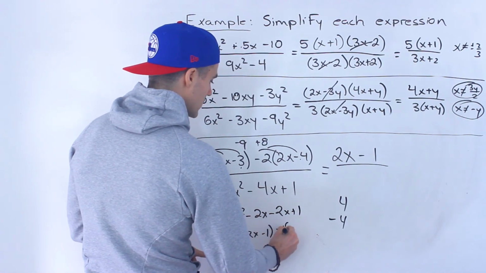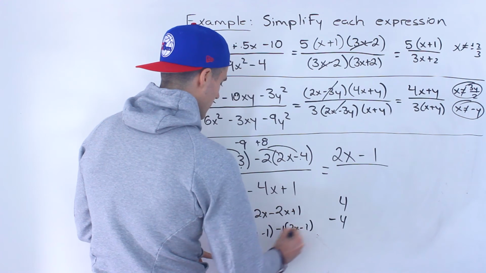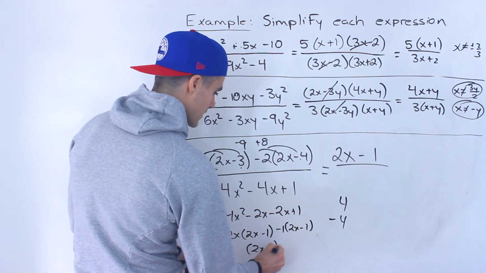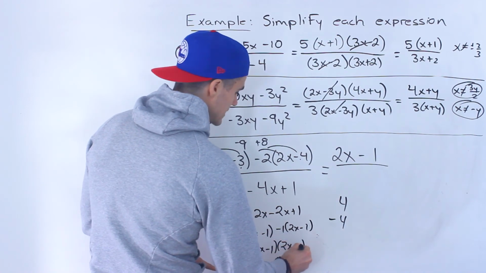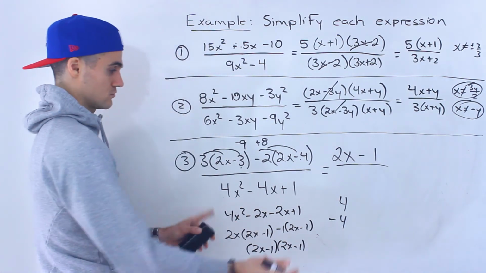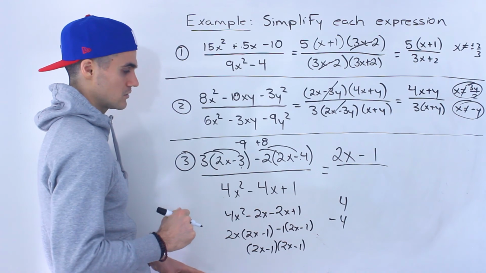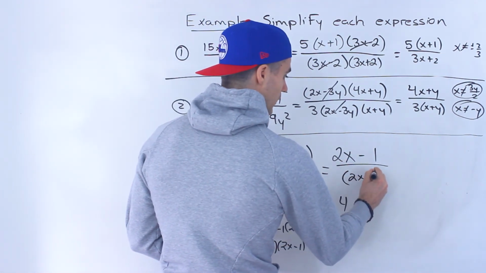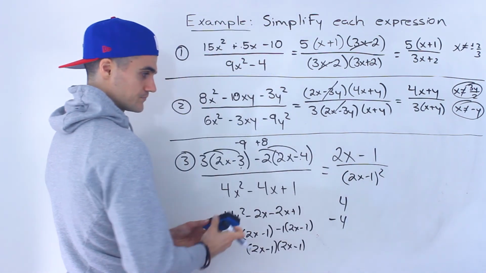We could take out a -1, and then we could take out a 2x minus 1, and we're left with a 2x minus 1. So it's basically 2x minus 1 to the power of 2. That's why I said this is a perfect square trinomial. So that's what it factors into, 2x minus 1 to the power of 2.